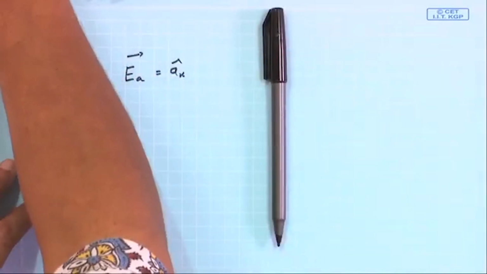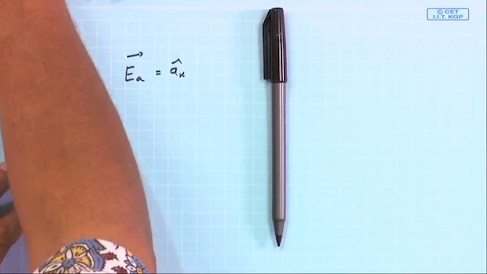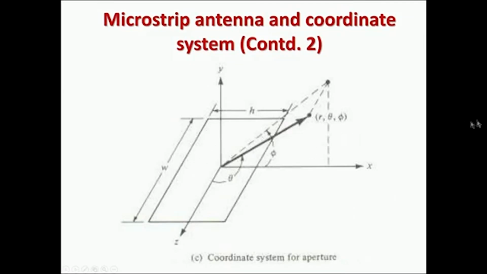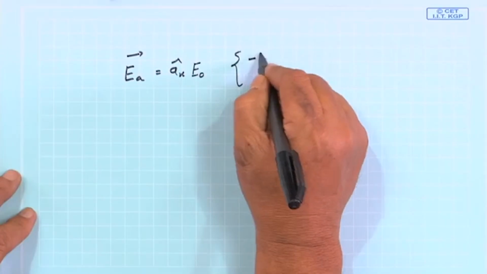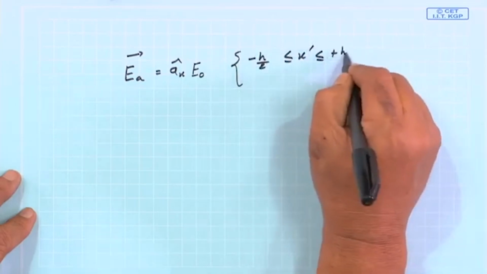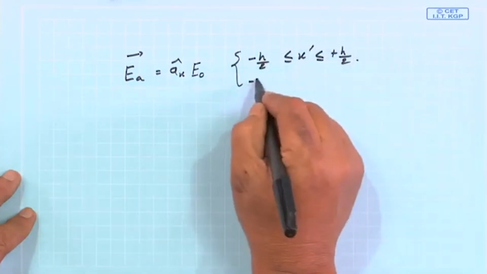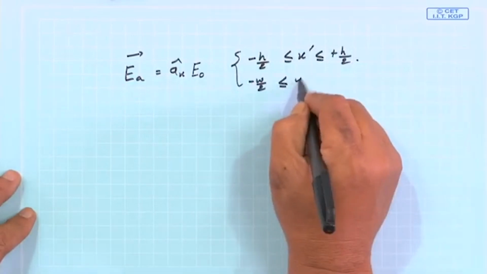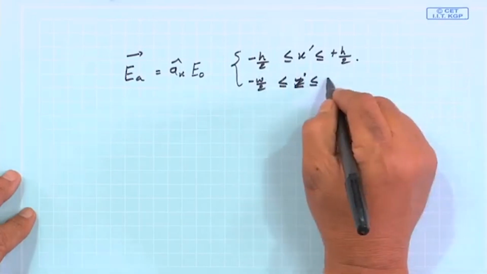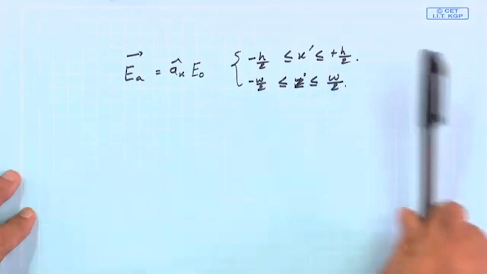You see from here it is the x directed field, just like our aperture slot antenna: E naught for minus h by 2 less than x dash less than plus h by 2 and minus w by 2 less than z dash less than plus w by 2.